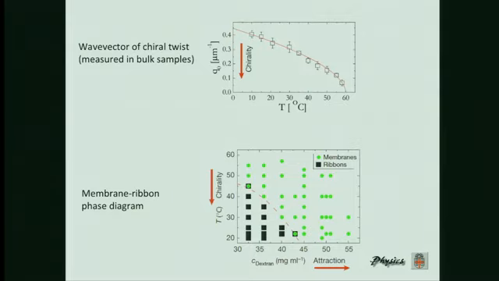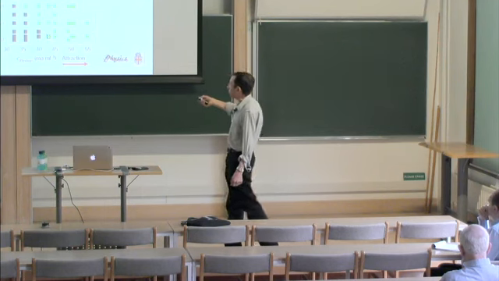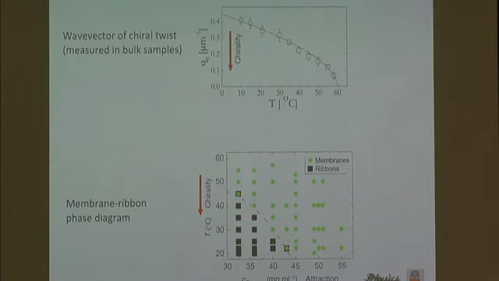So what are the conditions for forming flat membranes, disks versus ribbons? That's seen depending on temperature, i.e. chirality, and the strength of the attractive interaction. The concentration of this polymer depletant is a measure of how strong the attractive interaction is.